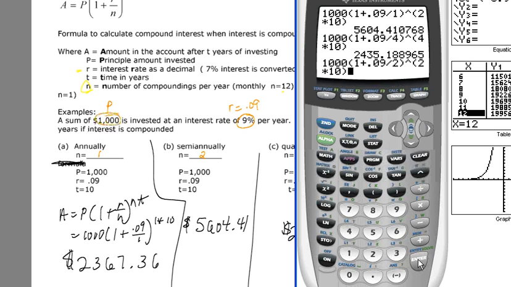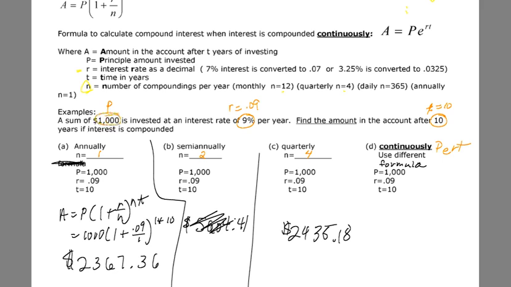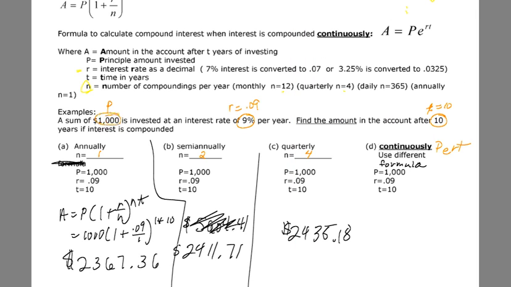Now this number should be in reason. 2411, and I lost that one, 71. So pardon me on that mistake. Always watch your values. When you're doing this type of problem and you're doing it that way, these two values of n both have to be changed.